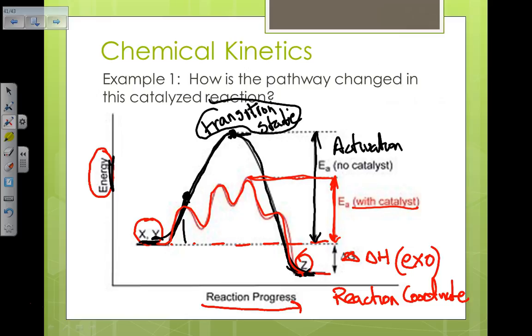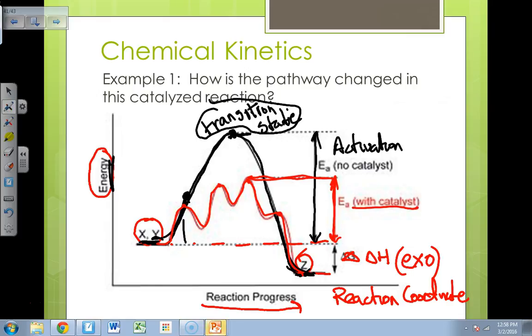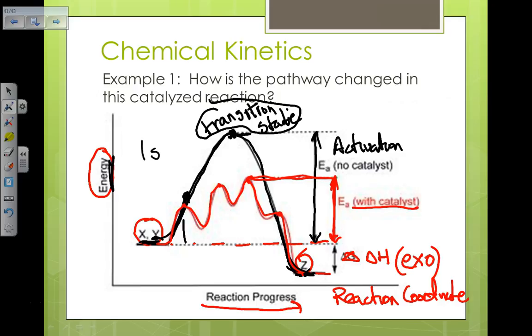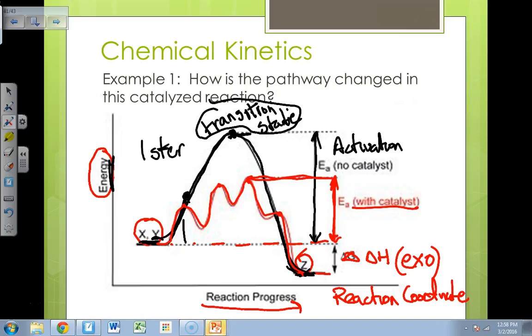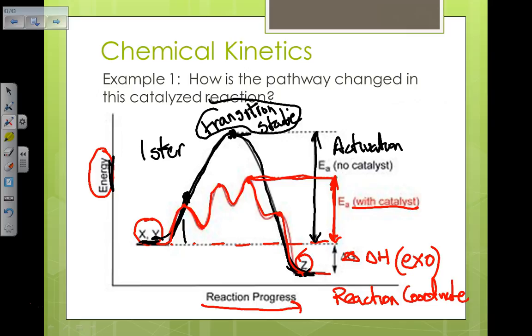Now, there's some penalties for taking a shortcut. In this case, the penalty is that notice here we have 1, 2, 3, 4 humps in between. What this means is that instead of happening in one elementary step like the black, in red this reaction is going through a transition state and then a low energy state.